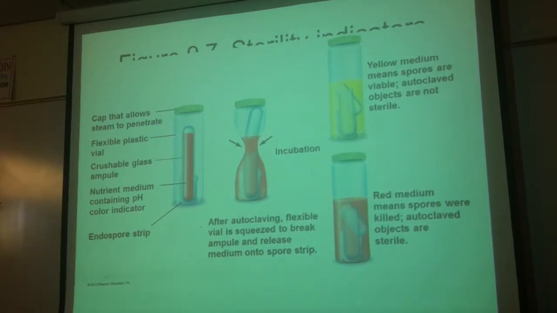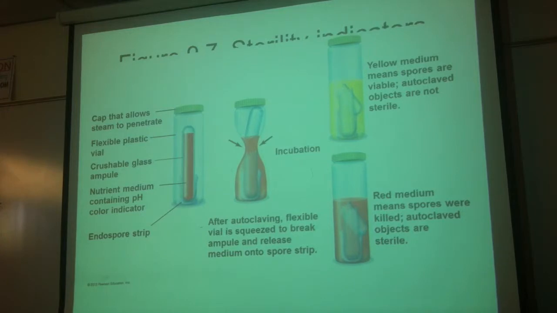It has a pH indicator, and we've been playing with these. You know that bacteria, when they start eating, will change the pH. And then they have an endospore strip. They put endospores in there, and the entire point was to see how long it takes to kill those endospores.